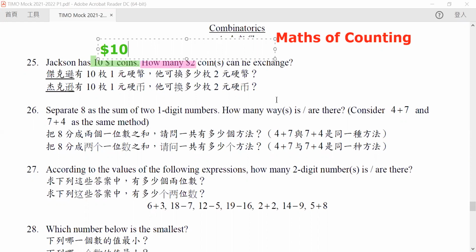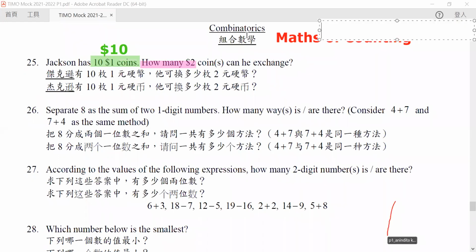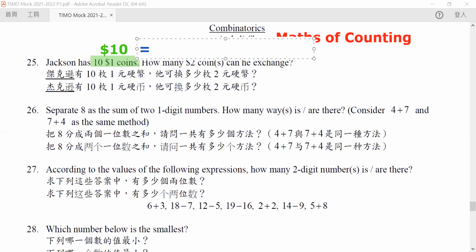Okay, but how many $2 coins should there be if we need to convert them into $2 coins? We can convert them into 5 $2 coins. So our answer is equal to 5.